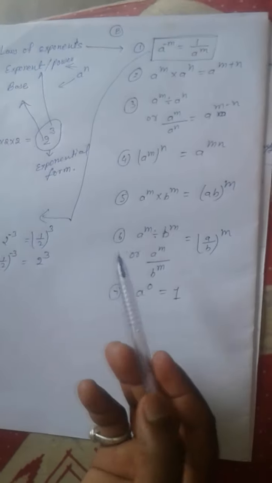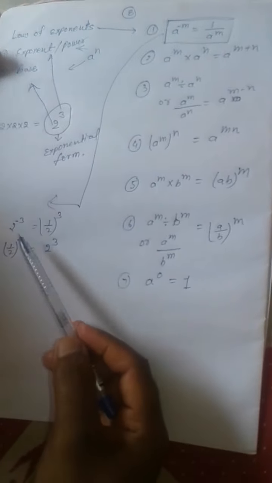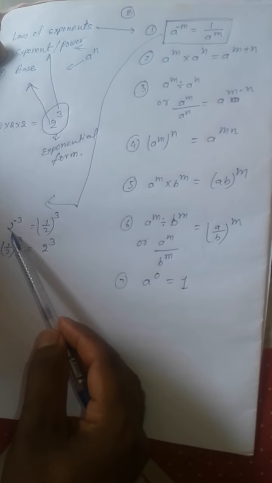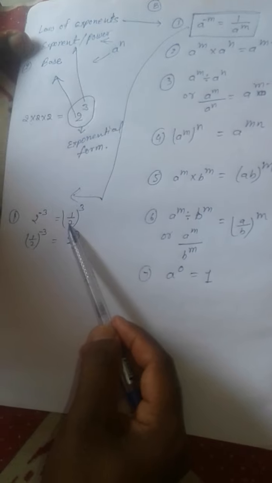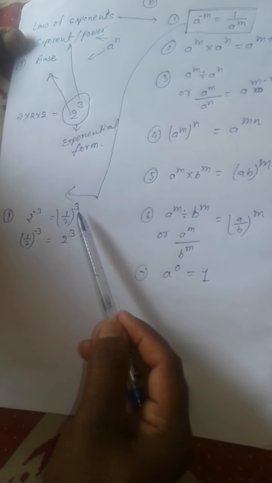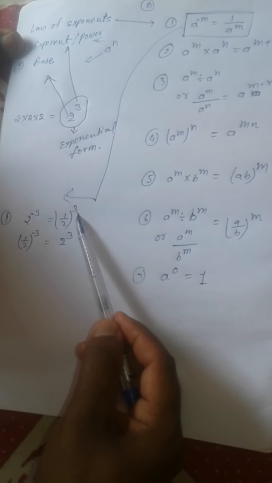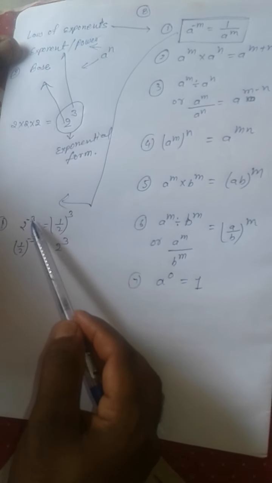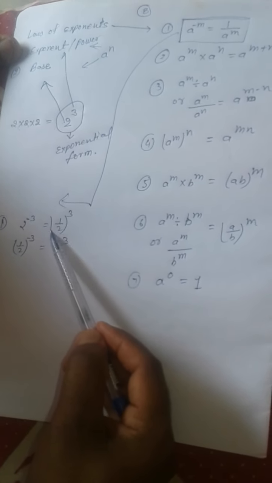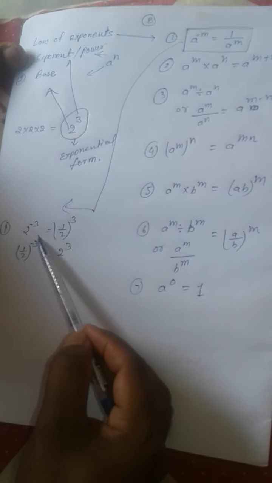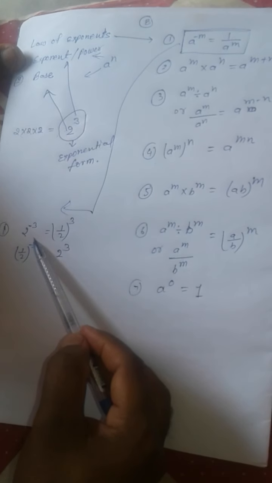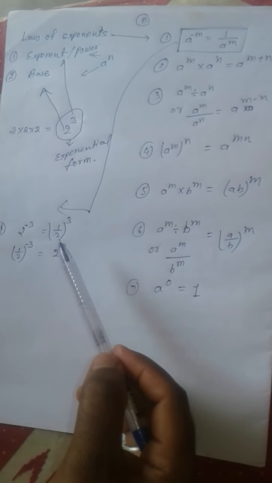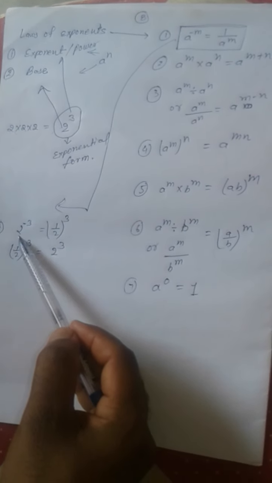Means easily you can understand that any number having negative power, if you write the reciprocal or multiplicative inverse of base, its power will be positive. Or if you want to convert positive power into negative power, you have to write the base in reciprocal or multiplicative inverse form. So if you write the multiplicative inverse of base, the sign of power will change.